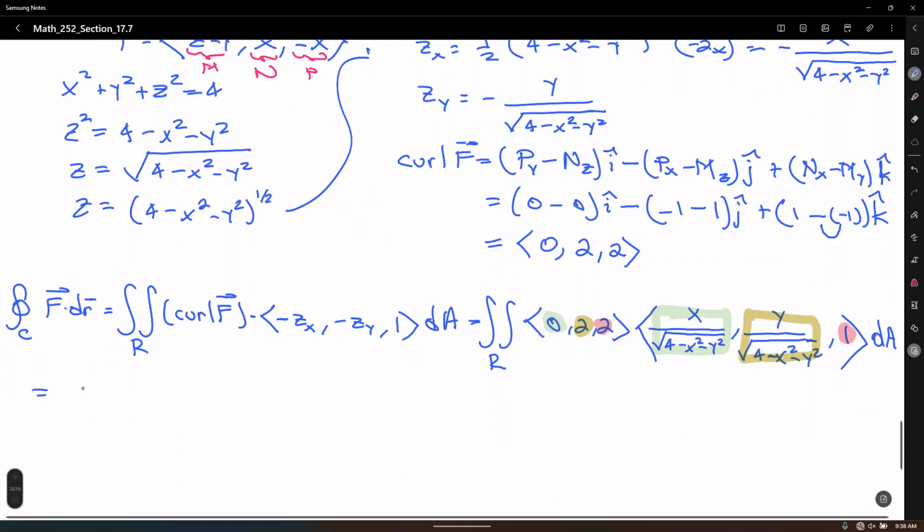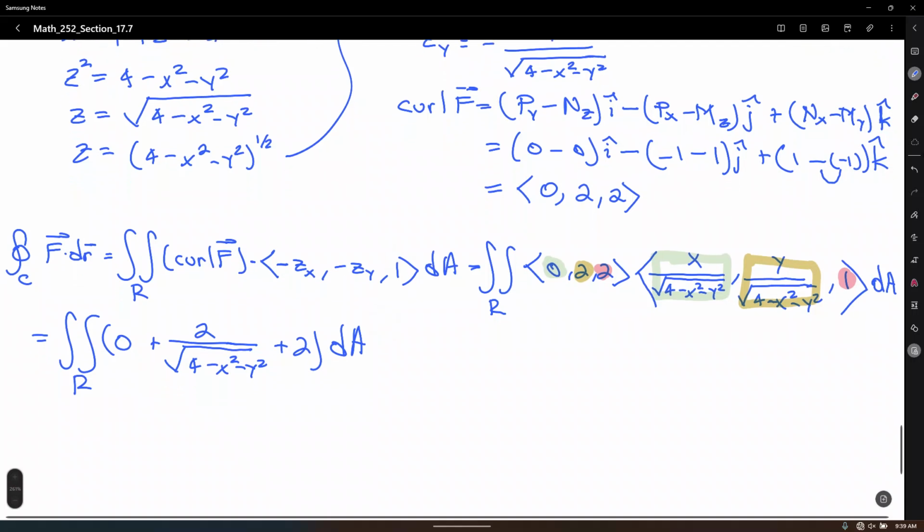So that's the double integral over the region R of 0, plus 2 times this quantity, plus 2 times 1, which is 2. And again, this is a scalar. This is no longer a vector. The result of performing the dot product between two vectors is a scalar, not a vector. That's the cross product.